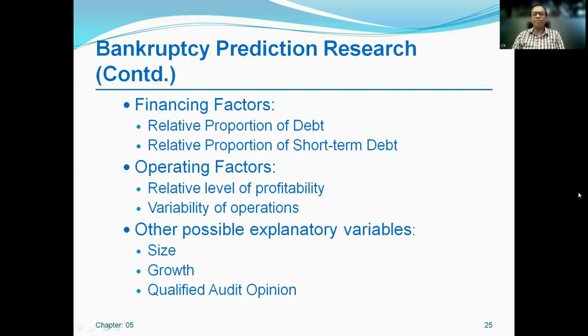And operating factors, such as the relative level of profitability. There are standards or norms that certain industries need to maintain to make a reasonable profit in that sector. For example, if you are a hotel, the experts might say that in the hotel sector your typical net profit should be 15% or something.